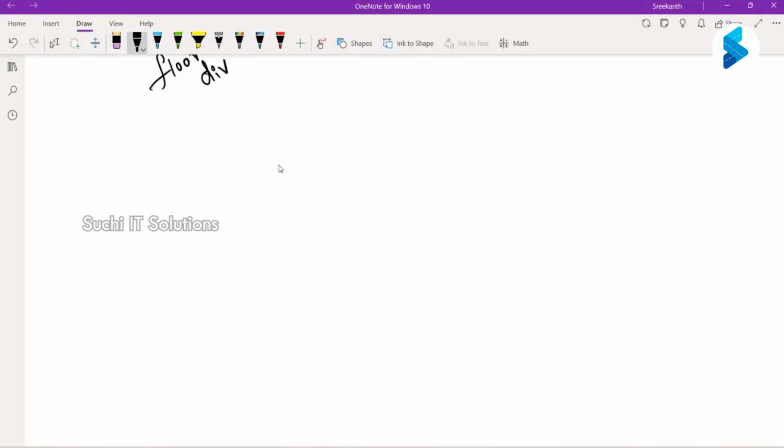All right. So let us say I had a number like this: a is equal to 10.1264. Now I want to round this value to 2 decimal points.